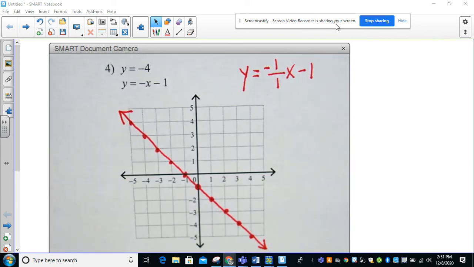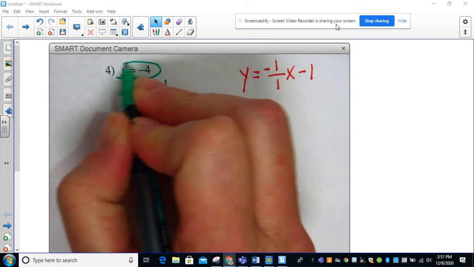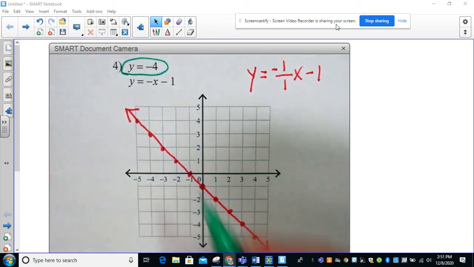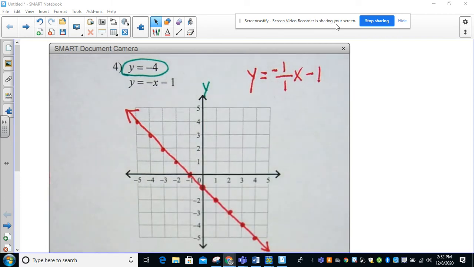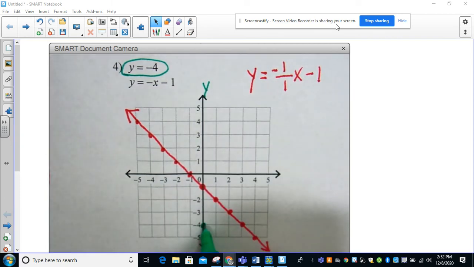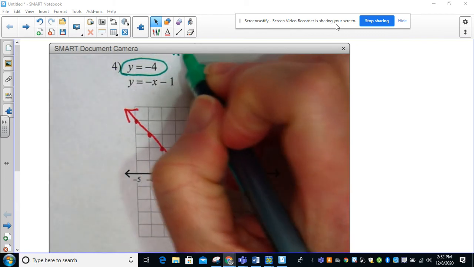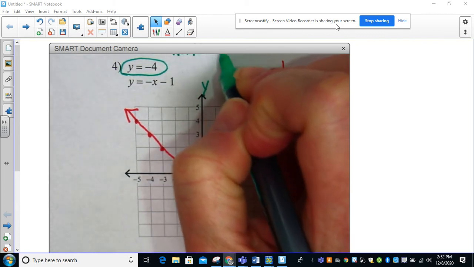Now my other one here is when you have y equals a number. And y is going to equal negative 4. So I'm going to go on the y-axis right here, and I'm going to find negative 4, and put a point. Anytime you have y equals a number, it is a horizontal line.